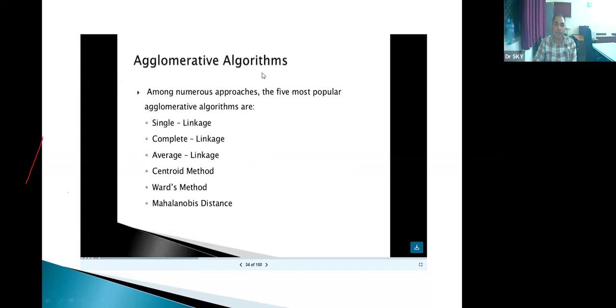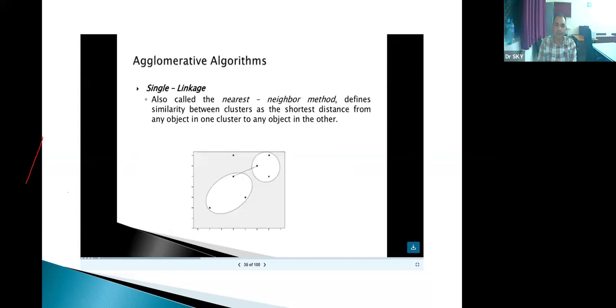Now, the agglomerative algorithm. Among numerous approaches, the 5 most popular agglomerative algorithms are single linkage, complete linkage, average linkage, centroid method, Ward's method, and Mahalanobis distance. One by one we will be discussing how these linkage methods are applied to cluster analysis.